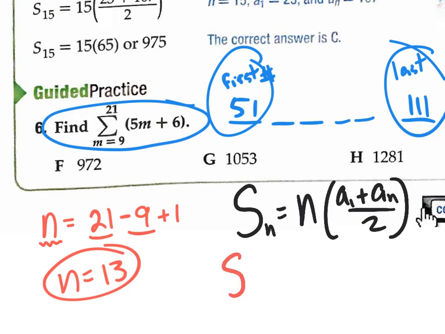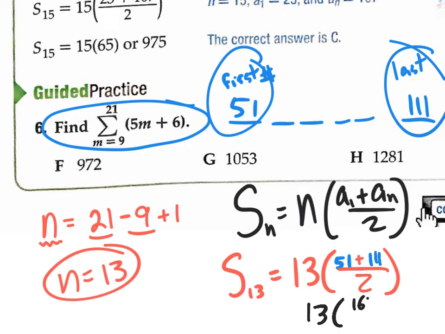The summation of those 13 numbers will be 13 times the first number 51 plus 111, divided by 2. So 51 plus 111 is 162. So we really have 13 times 162 divided by 2.